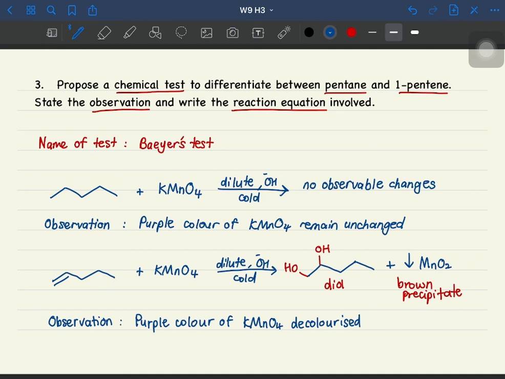And next we have brown precipitate formed. We have to write both observations. Well, if you choose to do the bromine test, then you're going to have different observations where our bromine is reddish brown, means if they can form reactions, they're gonna decolorize, and so on. Alright, that's all for this chapter. Thank you.